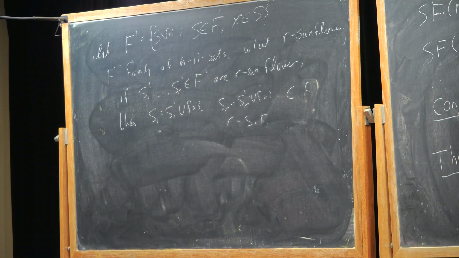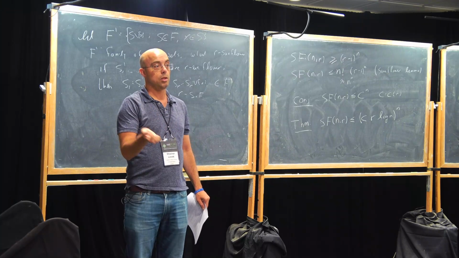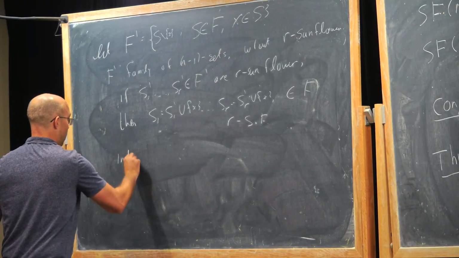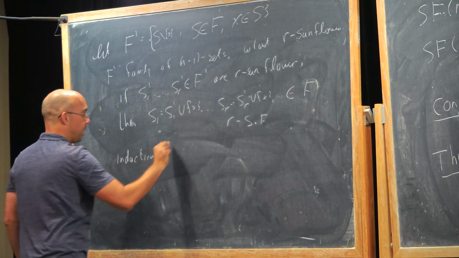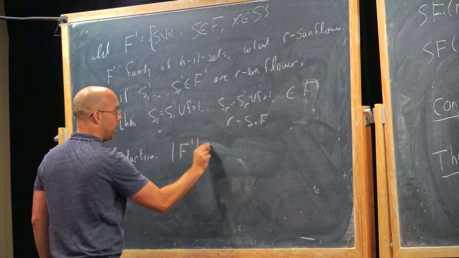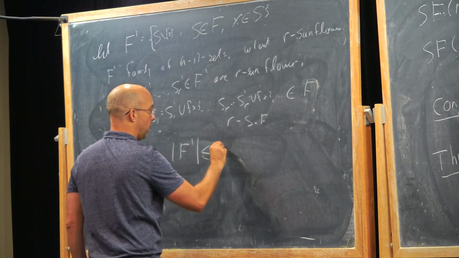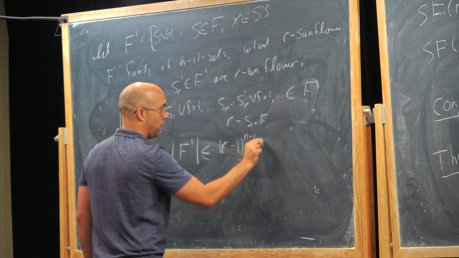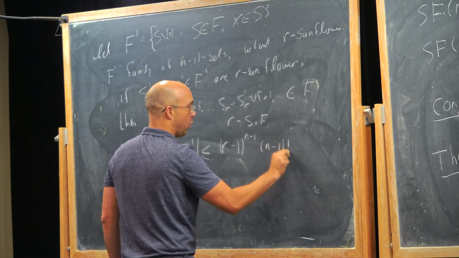If there's an element that's very popular, we can just remove it, keep all of these sets, and then get a sunflower. Why? Because now by induction, we know that the size of F prime is at most r minus 1 to the n minus 1 times n minus 1 factorial.